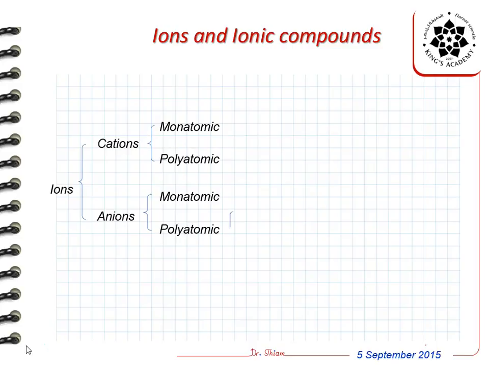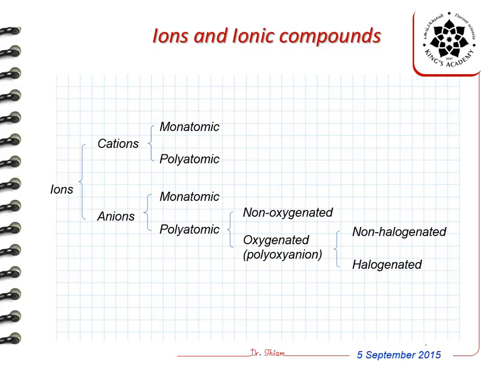Now polyatomic anions come in two flavors, or we categorize them into two groups. The ones that have oxygen, those are oxygenated polyatomic anions, also called polyoxyanions. And the ones that do not have any oxygen in them are just non-oxygenated polyatomic anions. Now, the oxygenated polyatomic anions also come in two groups.